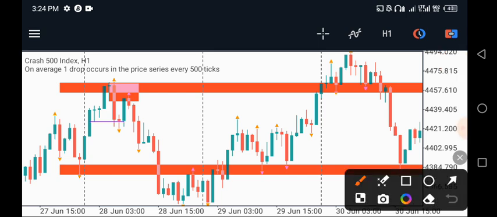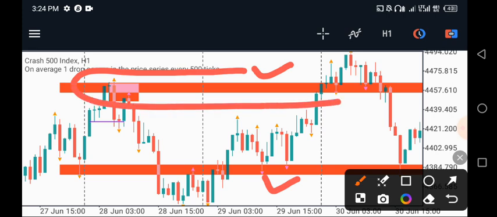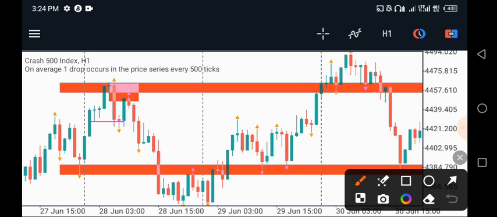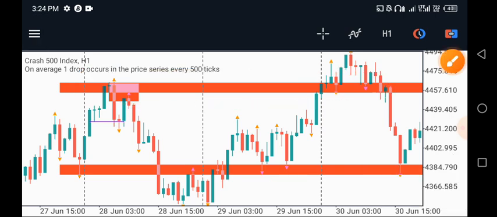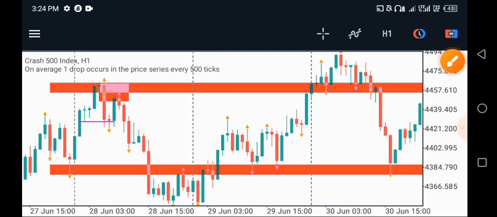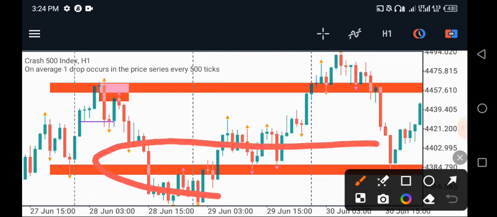The first thing is you have to be able to spot your support and your resistance. Here this red zone will be our resistance, and then this particular red zone here will be our support.